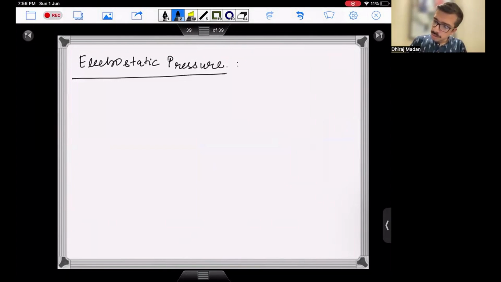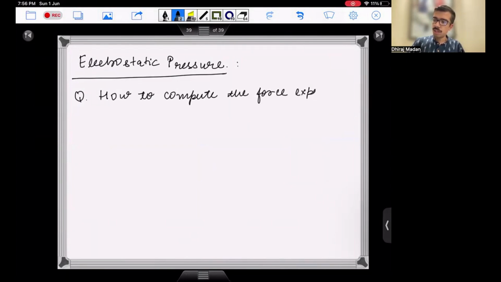So the question is as follows: how to compute the force experienced by a conducting surface.